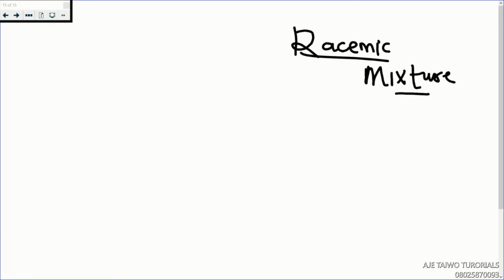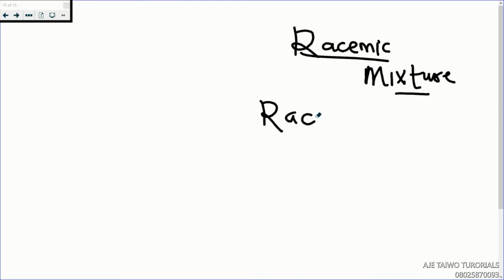Let's write: an equimolar mixture of two enantiomers. Just take note of that. They ask to define it. An equimolar mixture of two enantiomers is known as racemic modification.